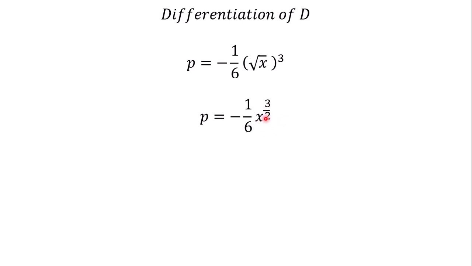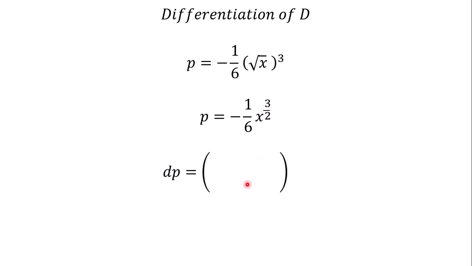So this 3 over 2 will come and multiply this 1, which will give us minus 1 over 6 times 3 over 2 times x raised to the power 3 over 2 minus 1. And 3 over 2 minus 1 will give us what? 1 over 2, because 2 times minus 1 will give us minus 2, and 3 minus 2 gives us 1.